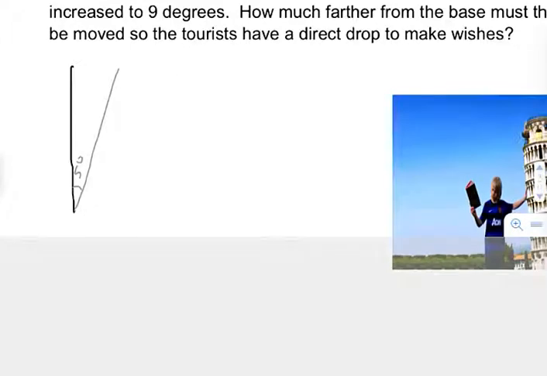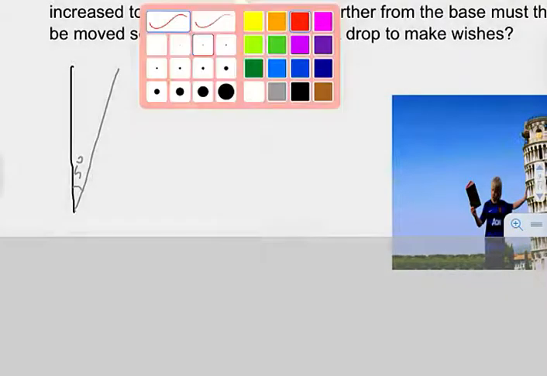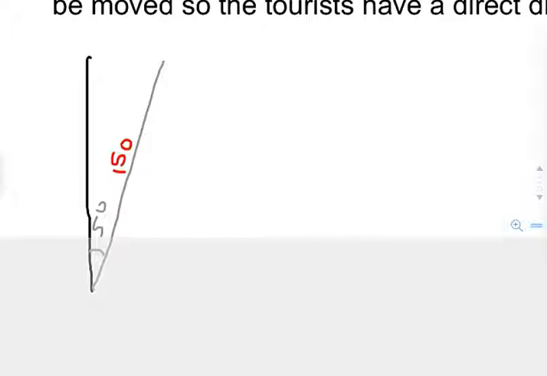At the top here, a tourist can stand. If you go 150 feet up the tower, there's an observation deck at the very top, and you can stand here and drop pennies into a well.